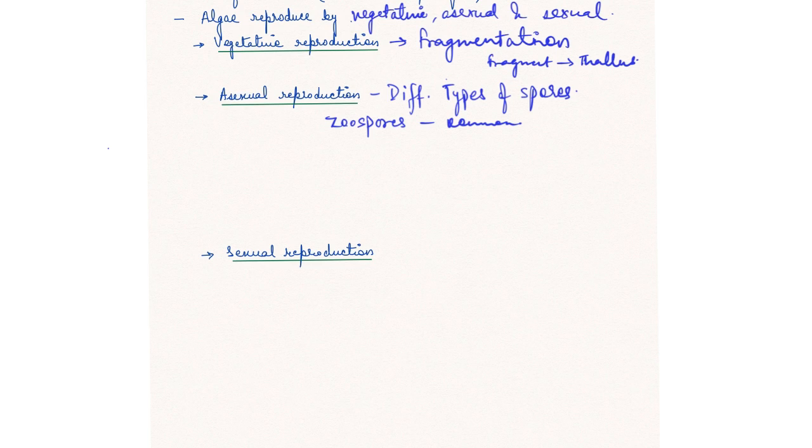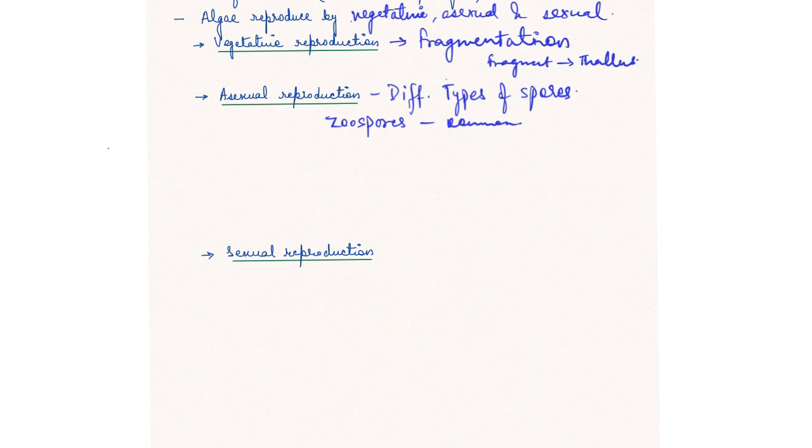These spores are flagellated, so basically they are motile, and on germination they give rise to new plants. So asexual reproduction happens through zoospores, which is the most common type of spore in algae.